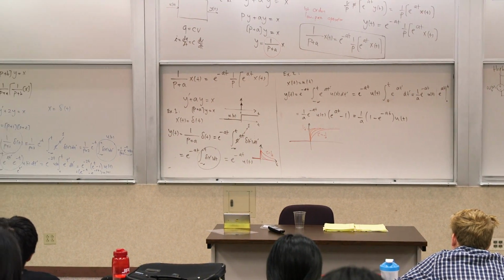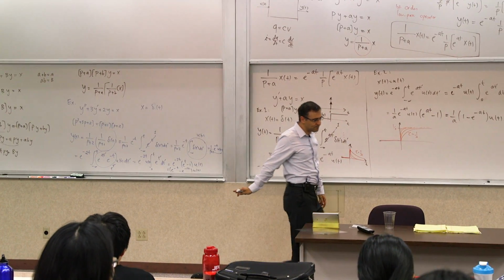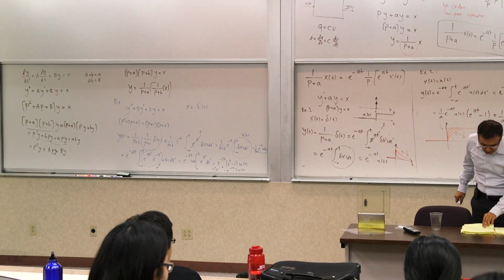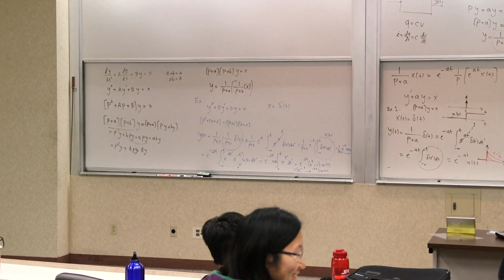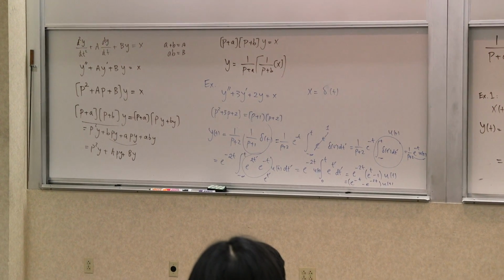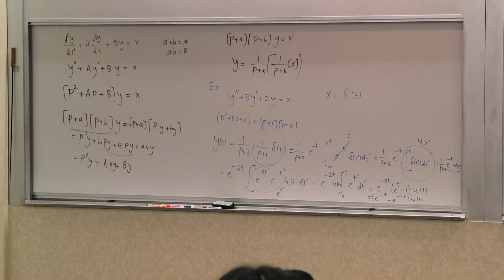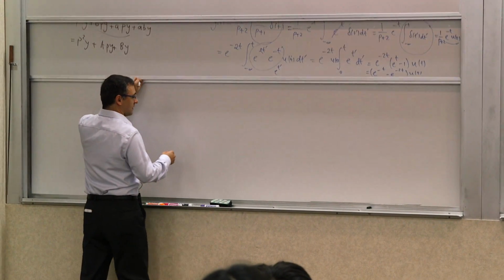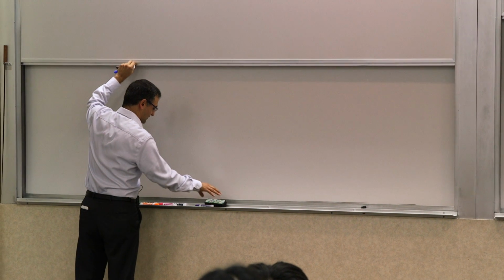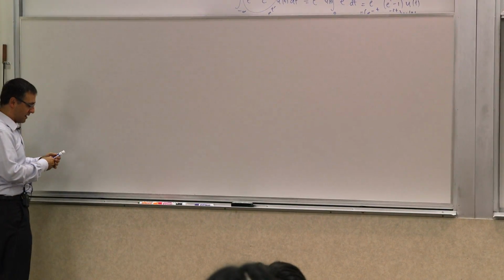Okay, so this was one example. Let's do a couple more with this. Let's pick something a little more interesting. Let's try the same equation. So this is another example.